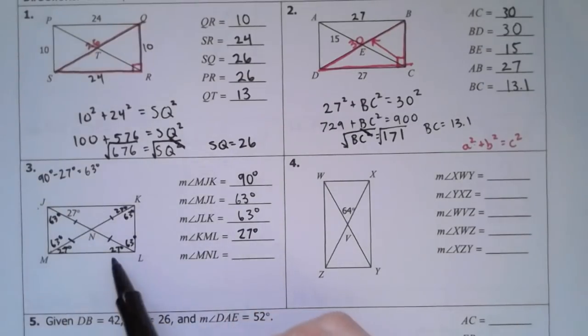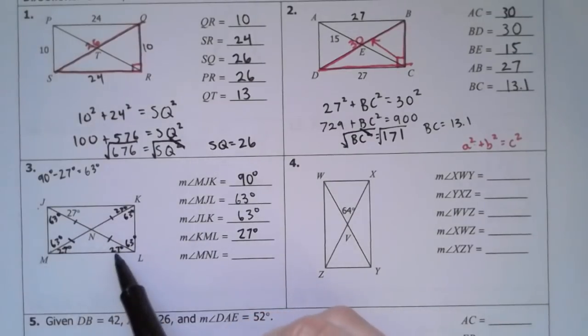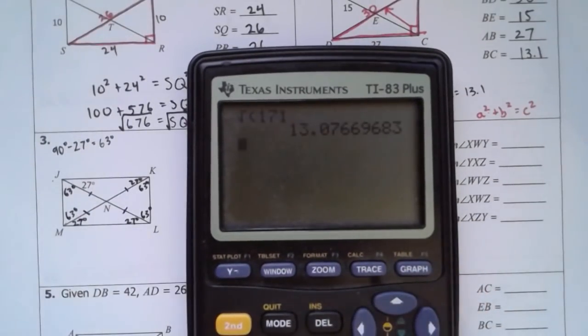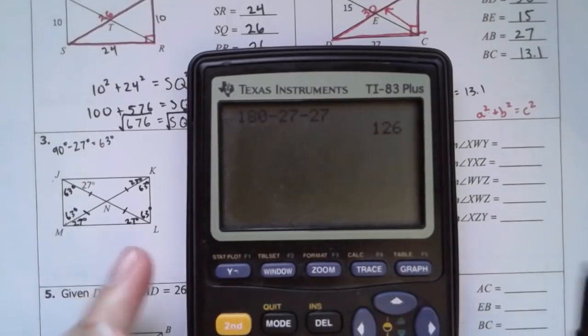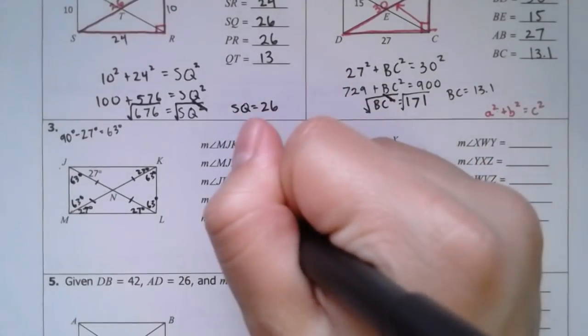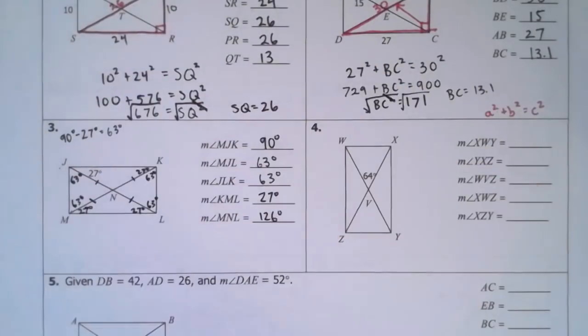We have the two base angles here, 27, 27. So 180 minus 27 minus 27 gives me 126. So angle MNL is 126. And I won't try to squeeze it there because it's already tight.